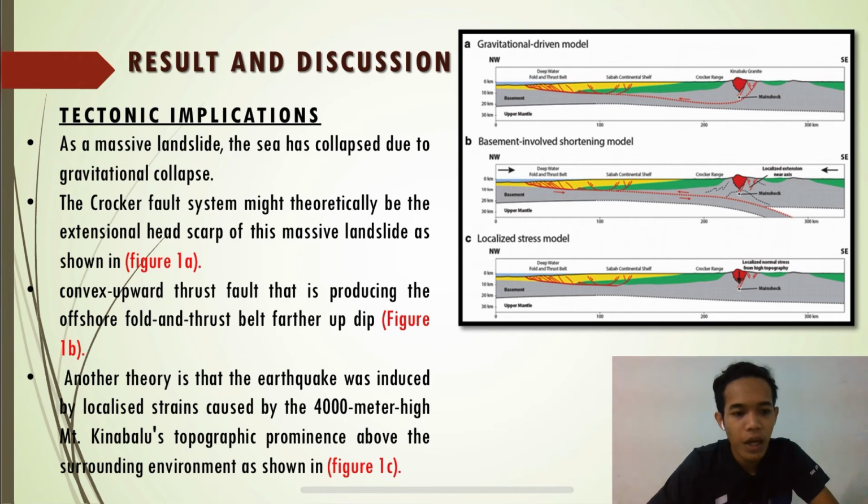And lastly, another theory is that the earthquake was induced by localized strain caused by the 4,000 meter high Mount Kinabalu, a topographic prominence above the surrounding environment, as shown in figure 1c, which is the localized stress model.